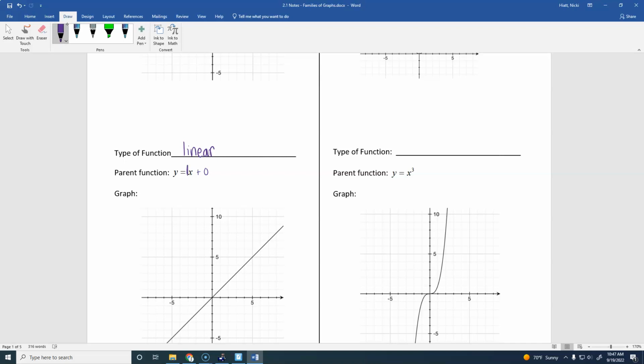I'm going to give you some linear functions along the way, but linear functions, while the rules of transformations do apply to linear functions, we generally do not use them because what did you learn in Math 1 about linear functions? There was a formula.